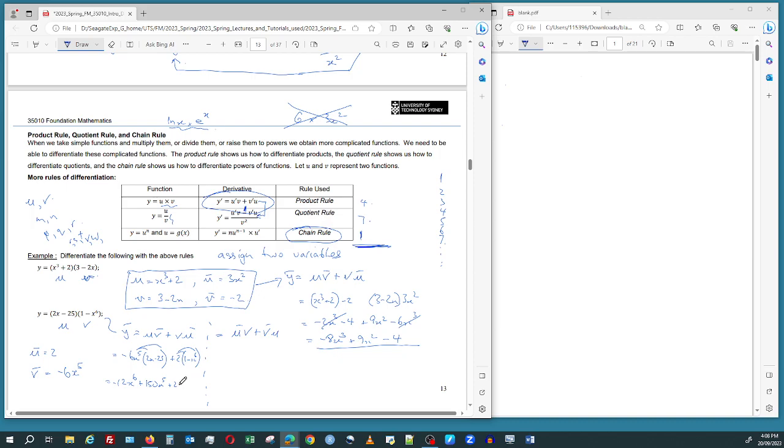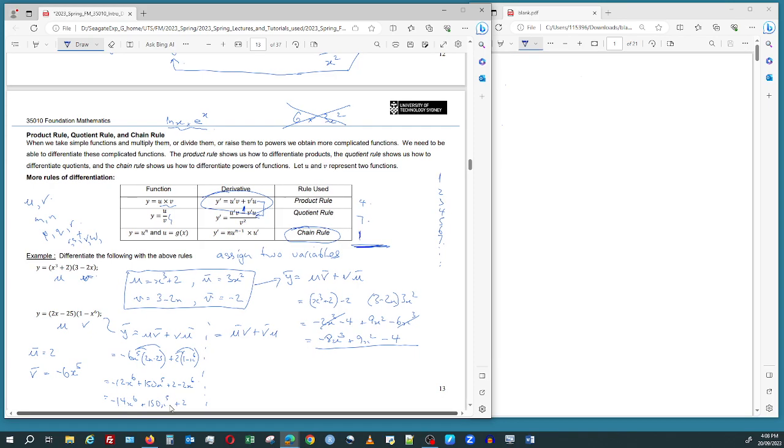Minus 2x^6. Okay, so minus 2x^6 minus another one is minus 14x^6 plus 150x^5 plus 2. And there's your final answer.